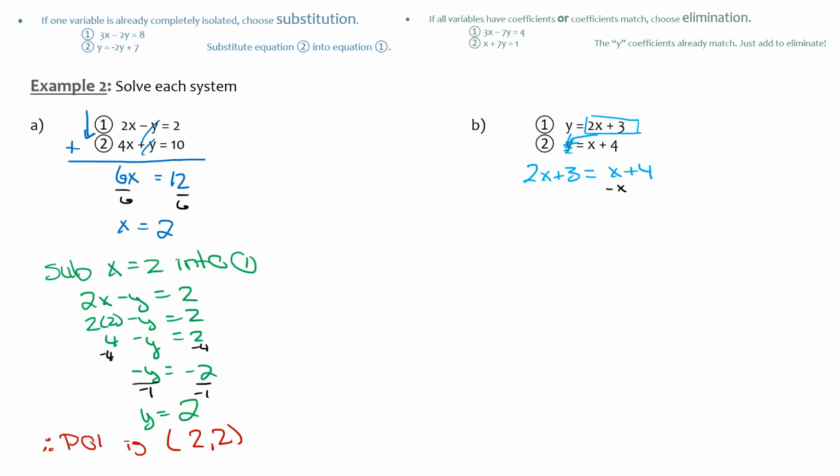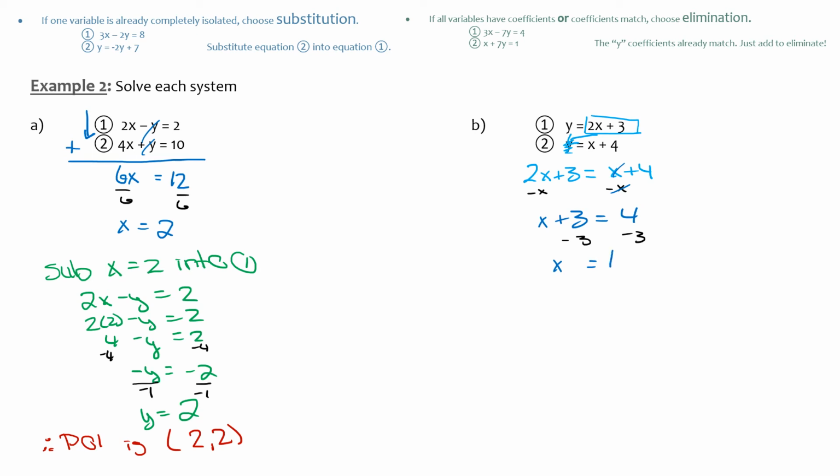I want the x's on the left, so I'll subtract x from both sides to get rid of the x's that are on the right. 2x minus x is x. And these are gone. So now I need to collect my constants, and I get x equals 1.